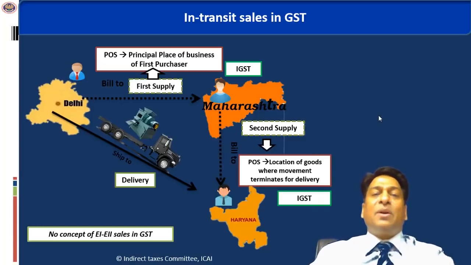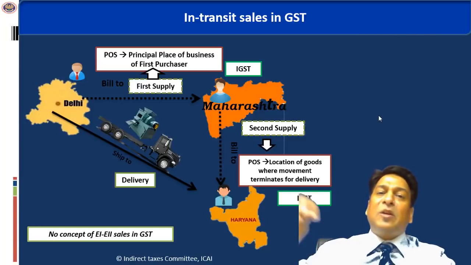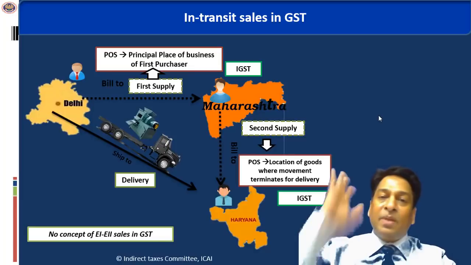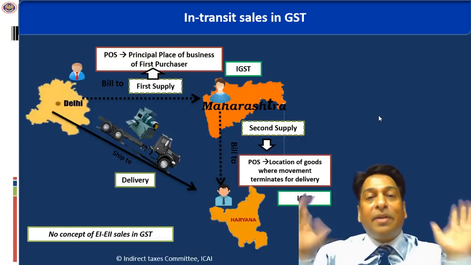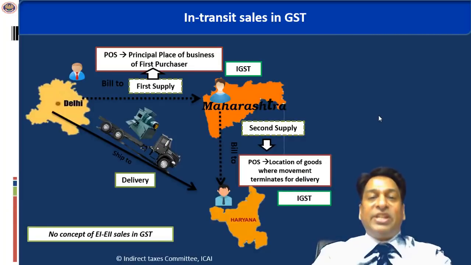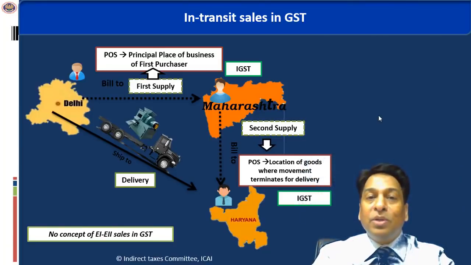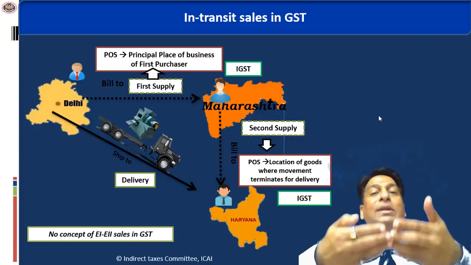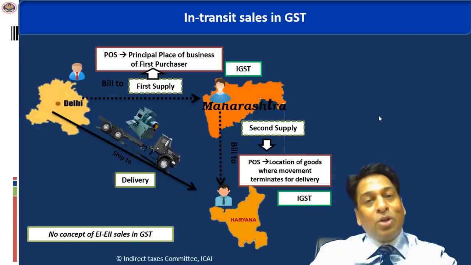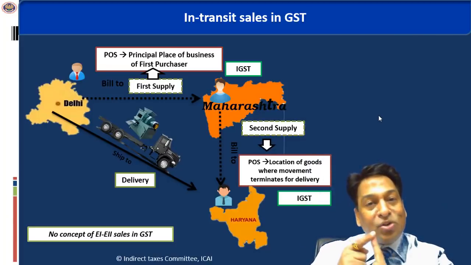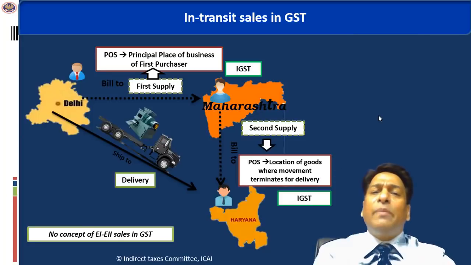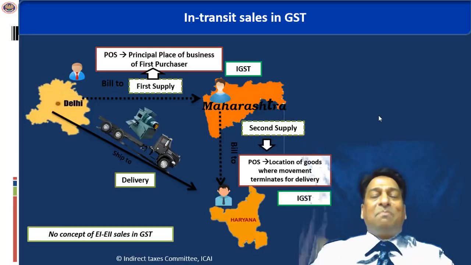When C receives the goods, it's a deemed receipt of goods in the hands of B, and B can avail credit. Credit of what? IGST charged by the supplier. What will B do? Then B will raise the invoice to C. So whether the transaction would be intra or inter, the transaction will always be an interstate supply.